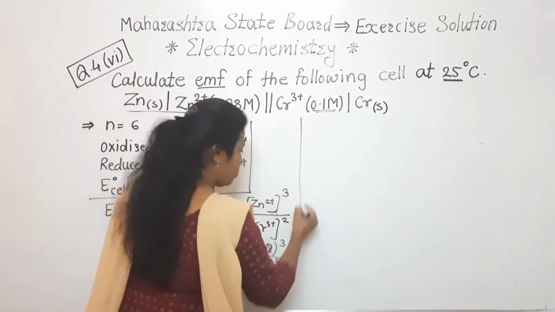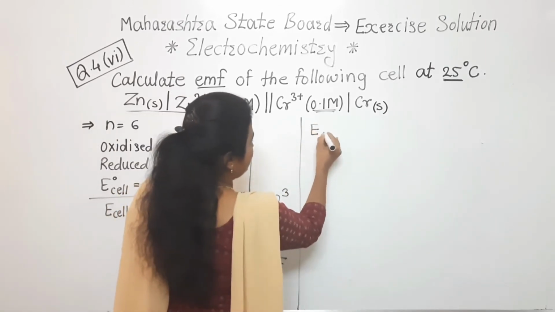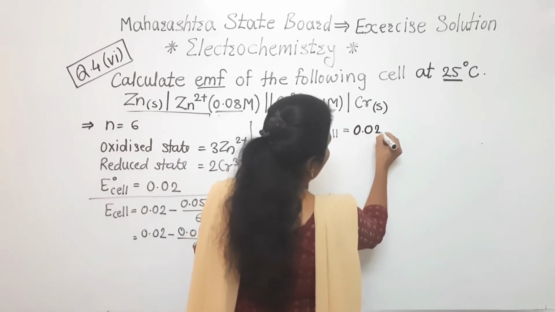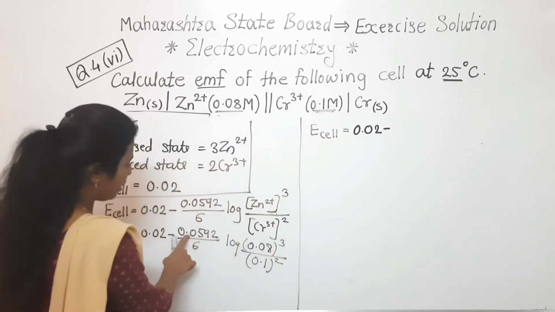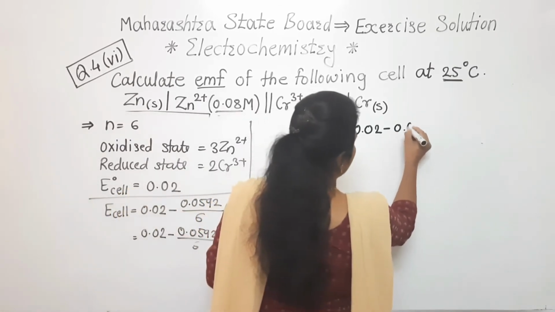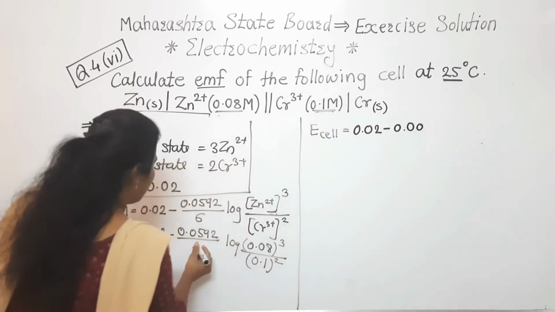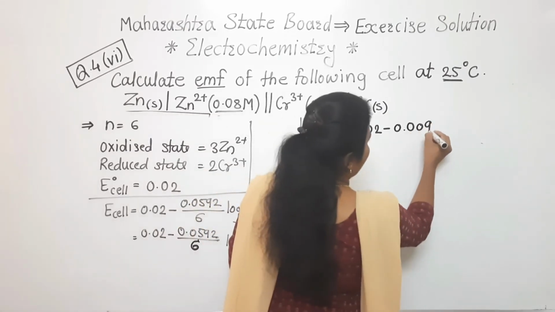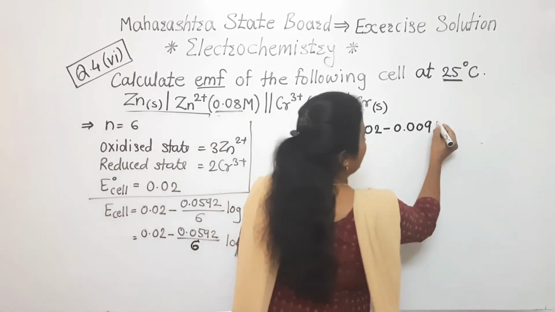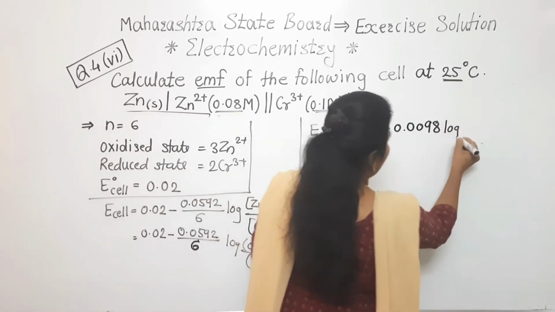Now see the remaining part of the calculation. Here E cell is equal to 0.02 minus, if we divide this value by 6, then we will get 0.0 and then again 6 9s are 54, after that 5 will remain, after 2 will be there, 6 8s are 48, into log of what is the value?